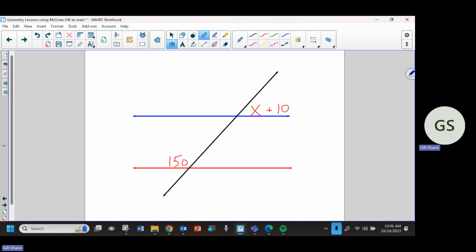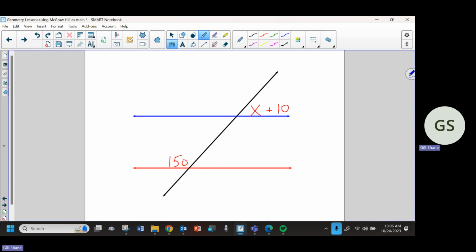Is there something I've learned, like alternate interior, alternate exterior, corresponding, that tells me this angle equals that angle? Corresponding would be on the same side of the transversal, which those are not. So it wouldn't be corresponding.